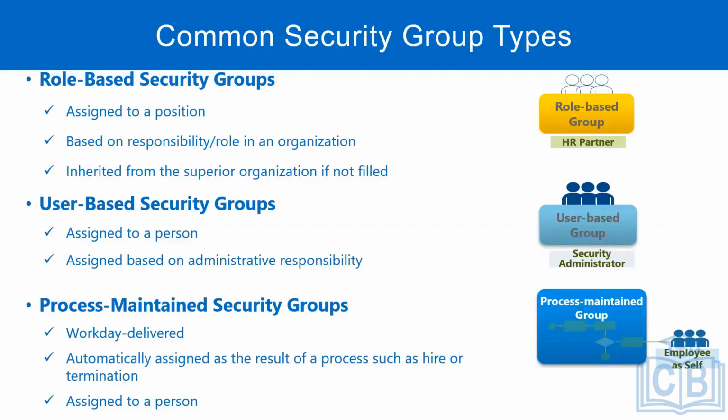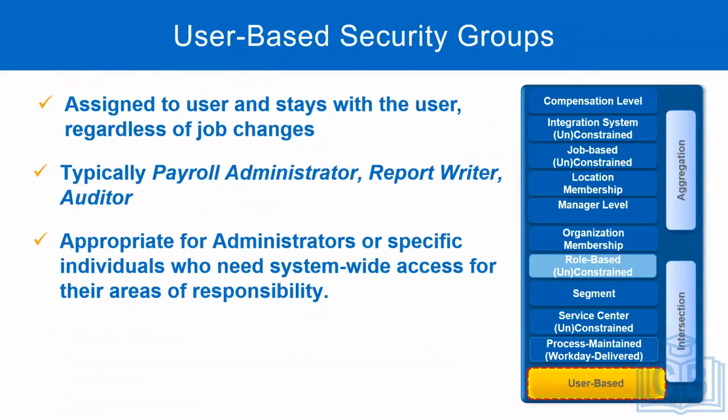Yes, and then we also started talking about a user-based security group. Now, what is the difference between a role-based and a user-based security group? In role-based, roles are assigned to the position, whereas the user-based group has access to the entire system.